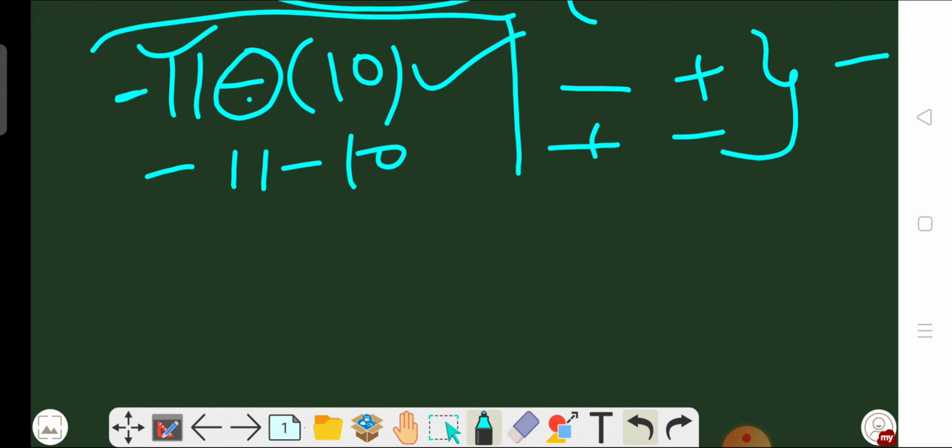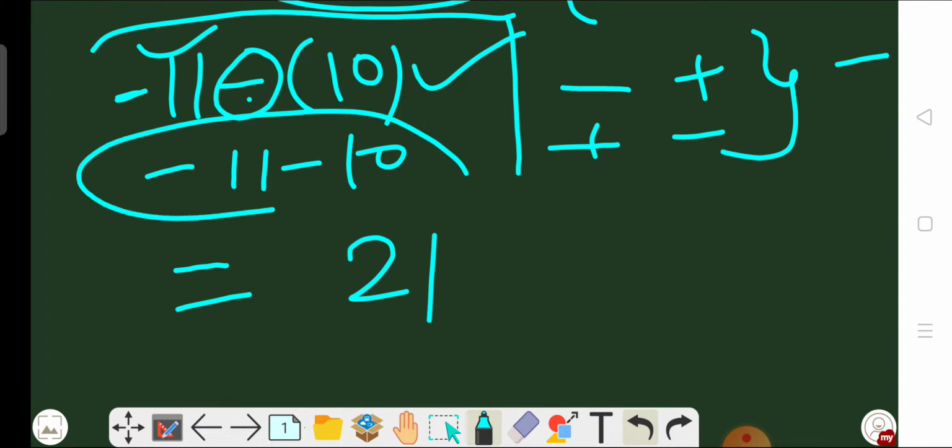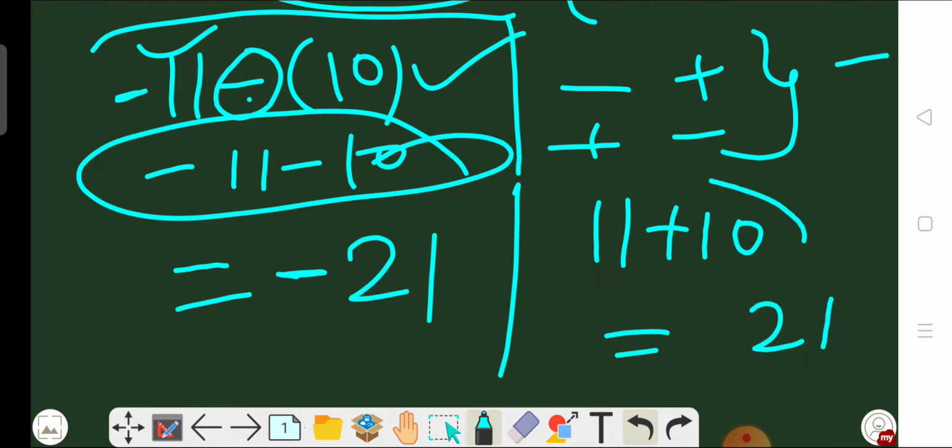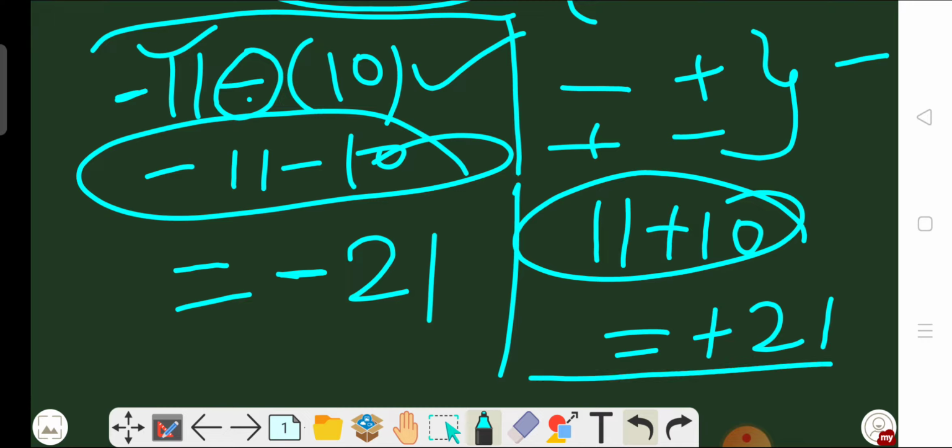So after addition the result will become 21, and you have to put the same sign as they have. Both are negative, that's why we put negative. In the other case, if we have 11 plus 10 and we have to add them, both are positive, in this case the result is also positive. Okay, so this is the addition and subtraction of two integers beta.